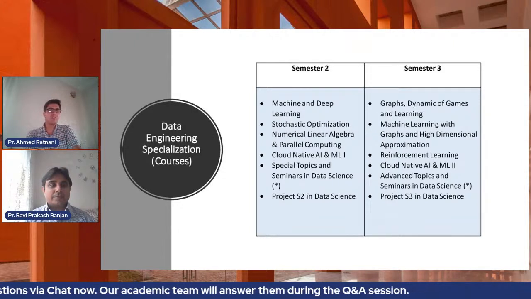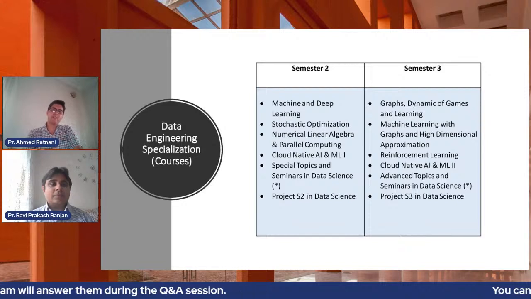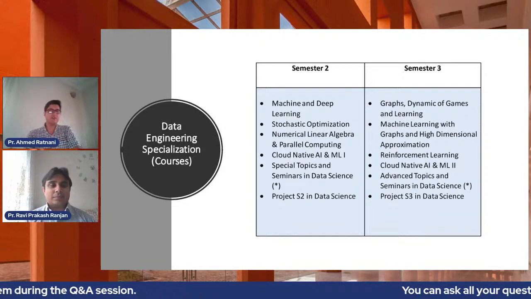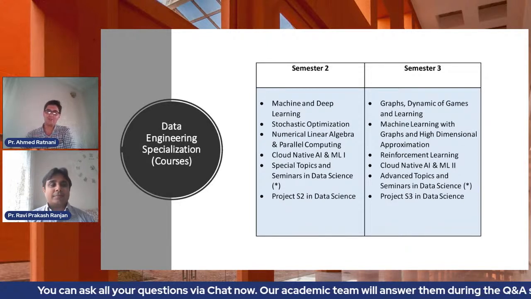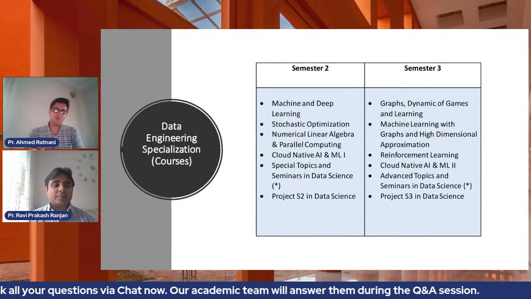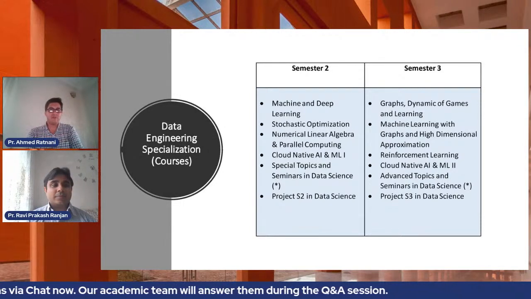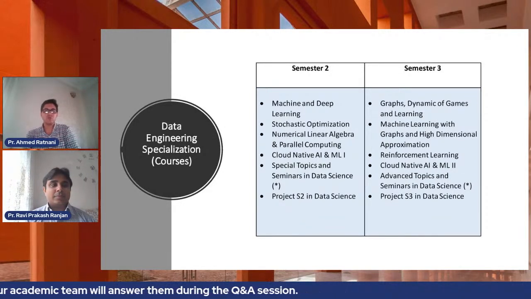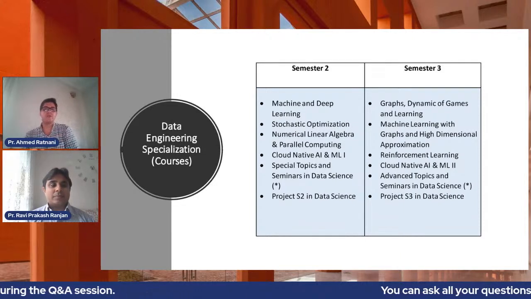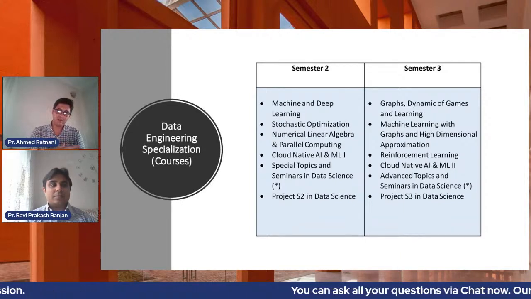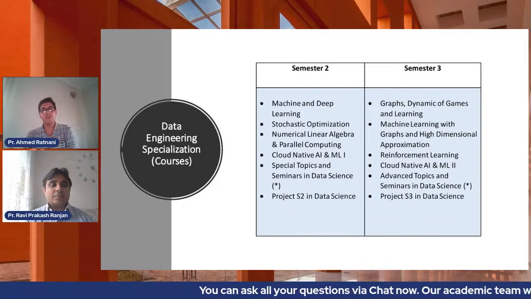It is because we believe that while technology is growing very fast, one thing will not change: the knowledge. And the knowledge is only about mathematics, algorithms, and the way we do the modeling. And for that, we will be moving now to graphs. We will be learning about game theory, about the learning paradigm in game theory.